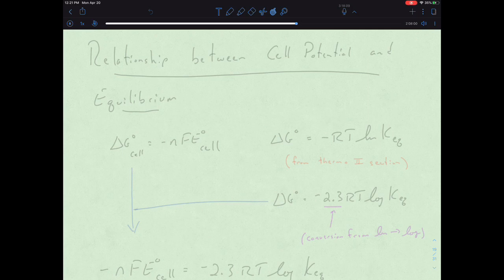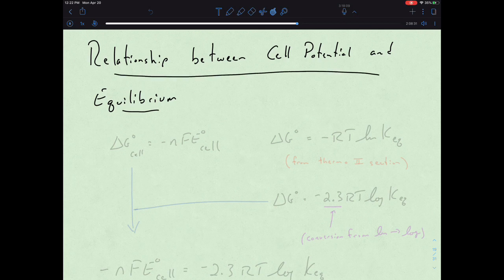With that idea of the relationship between delta G and cell potential, now we should be able to talk about the relationship between cell potential and equilibrium. So what do we know at this point?